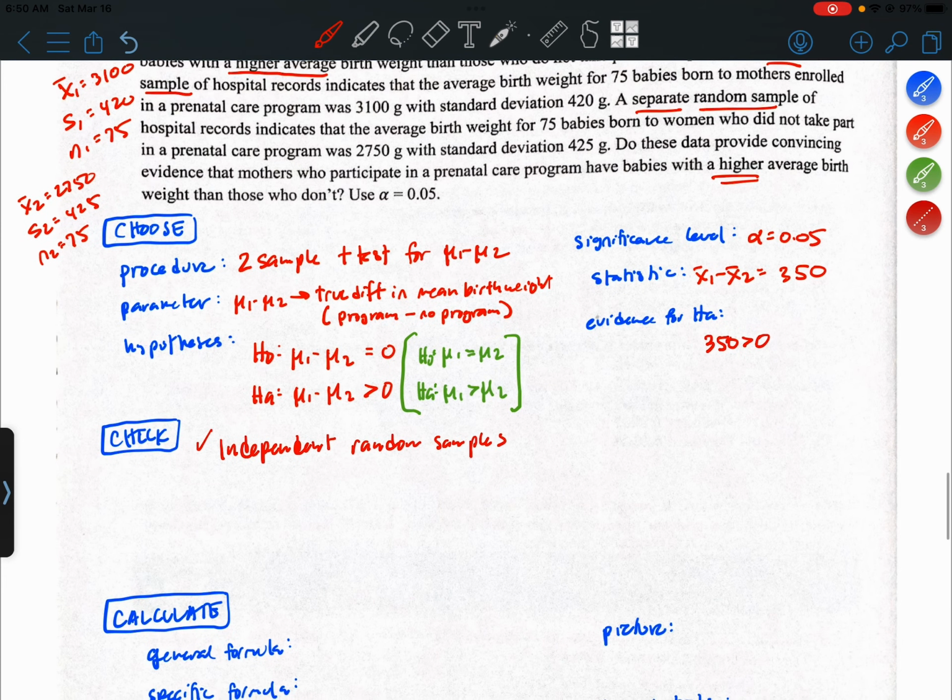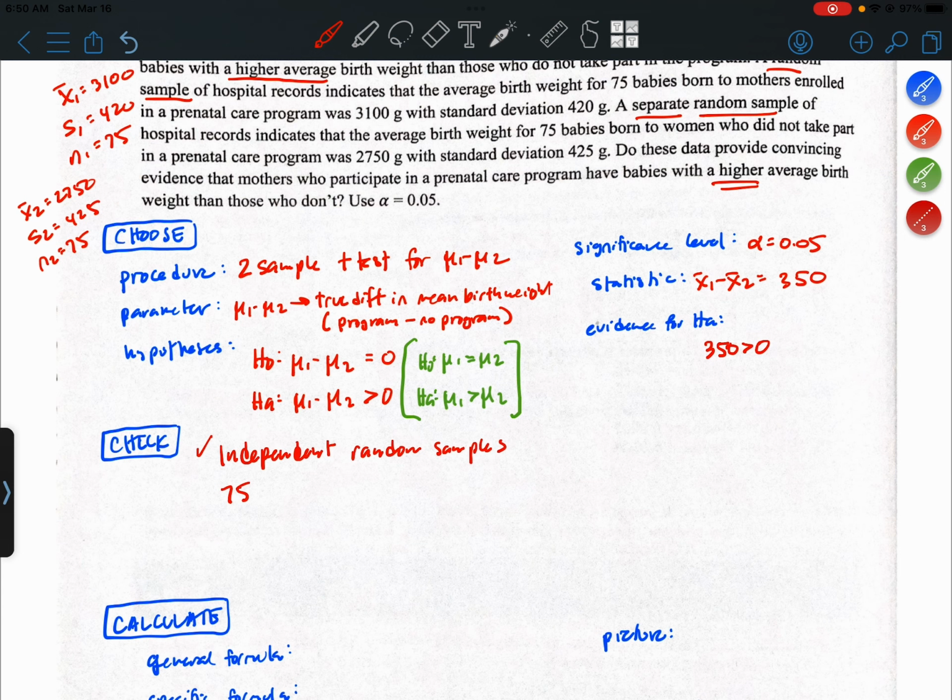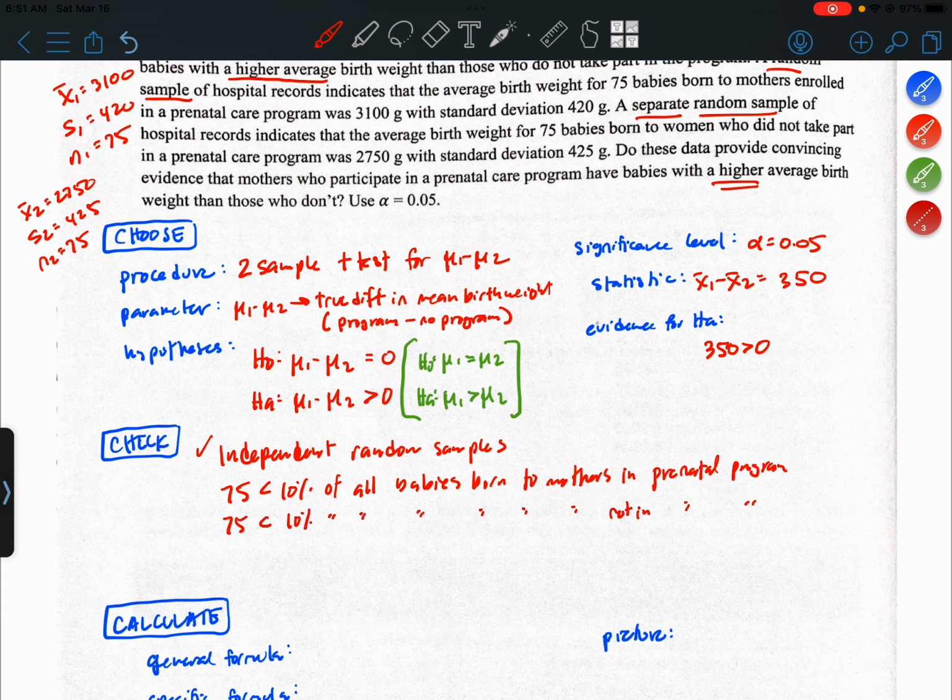Now the 10% condition. 75 is likely less than 10% of all babies born to mothers in the prenatal program, and 75 is also less than 10% of all babies born to mothers not in the prenatal program.